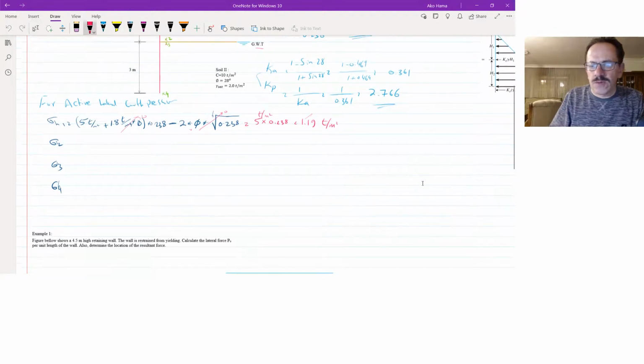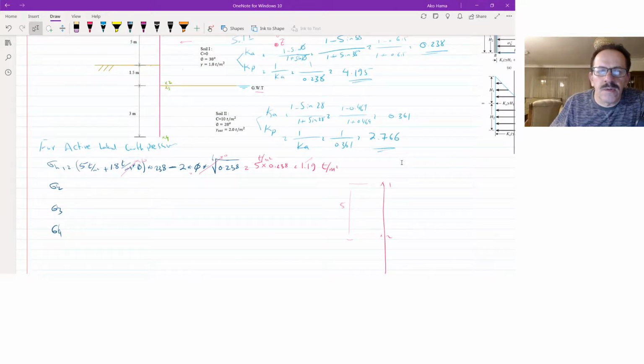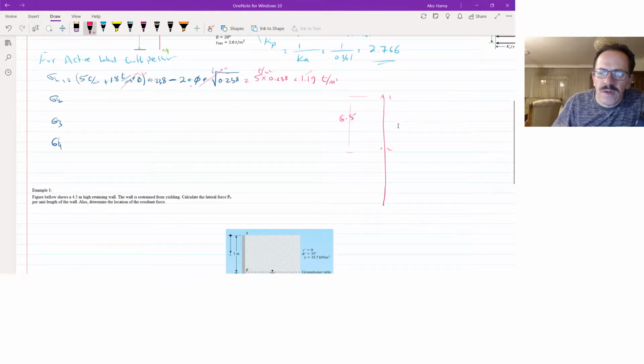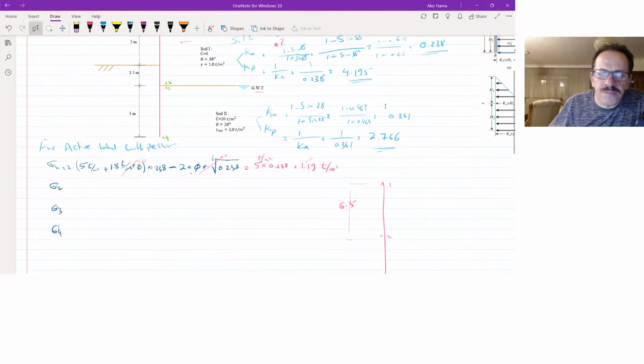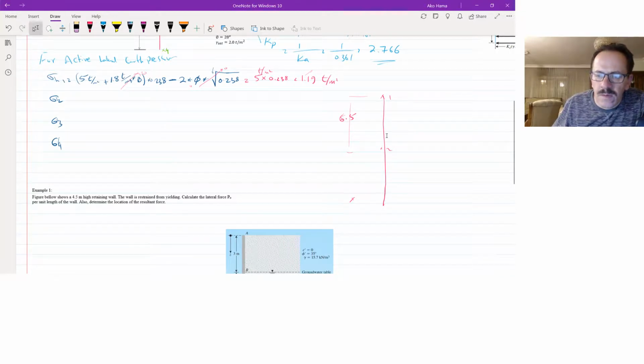Okay, so if I have point 1, this is 0.1, this is 0.2, and the depth is 5 meters. Here's point 1, and point 2 will be at a depth of 6.5, and for point C the depth is 3 meters.